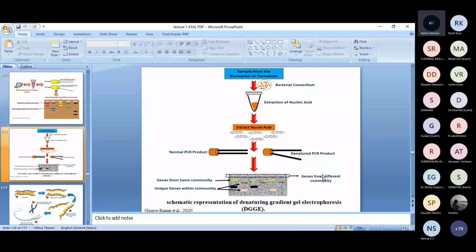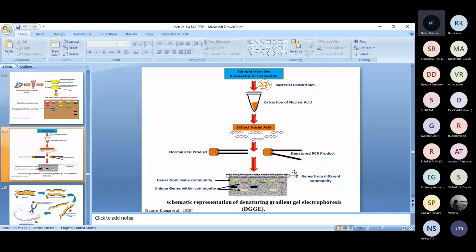The denaturing gradient gel electrophoresis is very important to identify the unique genes among the community. Similarly, you can also identify the metabolomes, and those metabolomes can give you the identification of specific metabolites, and that is responsible for the success of any biological process.